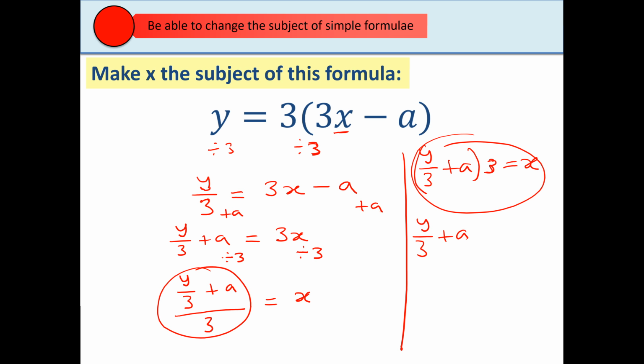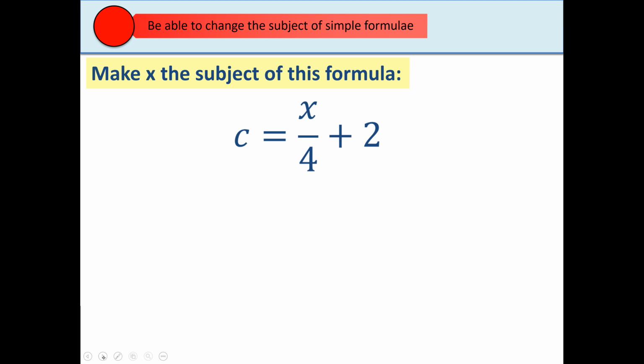Now because it's y over 3 over a, I can write the 3 separately as a fraction, times by 1 over 3 divided by 1 over 3. And then you can do keep the first term the same, flip the second one and change the sign. Okay, now let's have a go at the next example.